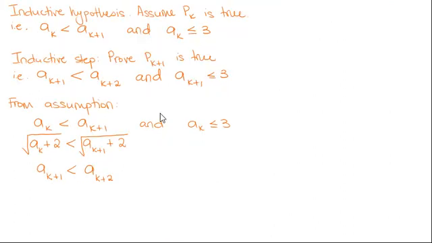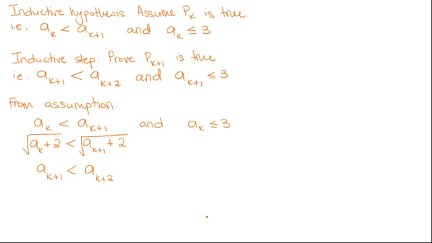So this should have been K plus 1. Okay. All right. So in order to prove this, I'm starting from the assumption, and I'm going to build on this again until I get AK plus 1, doing the same thing I did before, adding 2 and taking the square root and ensuring I do it on the other side as well.